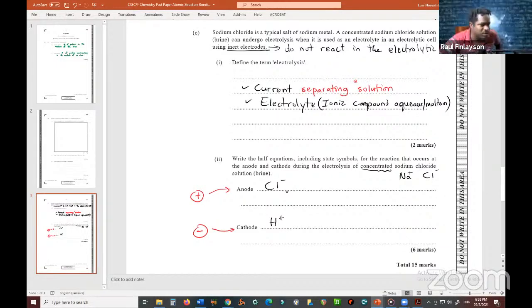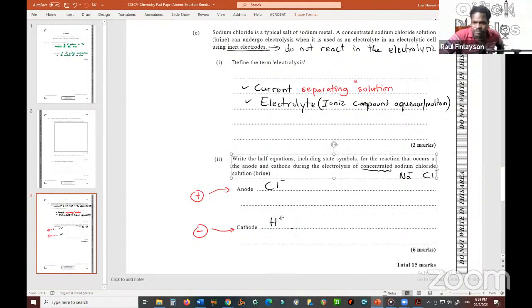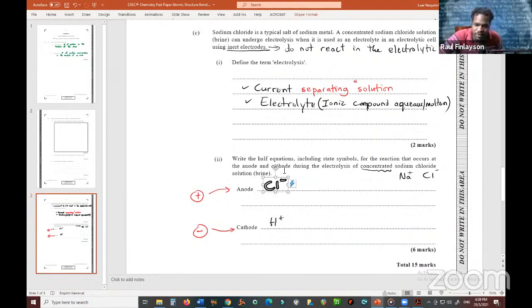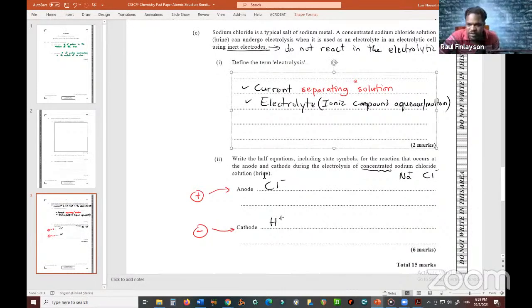If they say cathode, think about cations. Once you know it's cations and anions I'm talking about, you write down the answer there. They say half equation, so that equation that they showed you in the video is what they're looking for. It's actually going to be 6 marks. They say here, look at that, 6 marks.